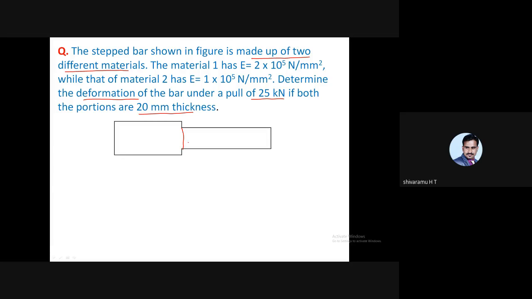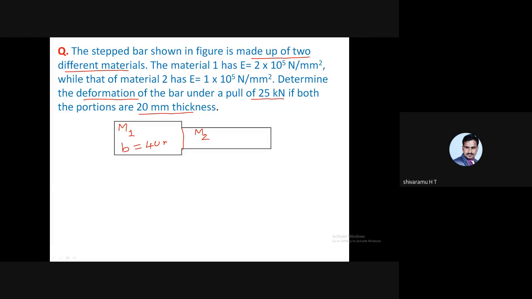This is section 1 or portion 1, and portion 2. Let me take this as material 1 and this as material 2. Thickness is given and here the breadth is given. B indicates the breadth of portion 1, as given in the figure.